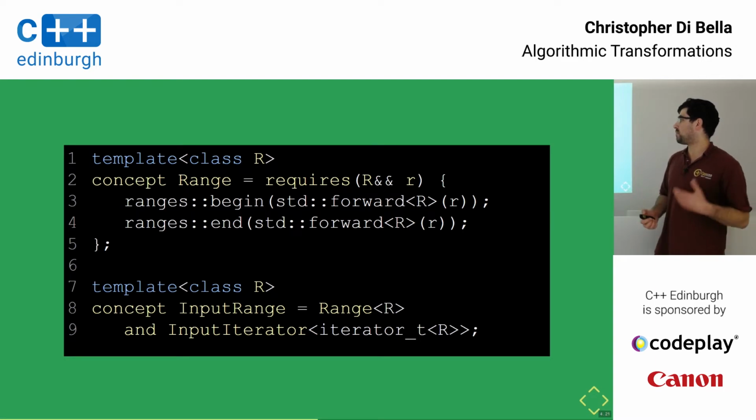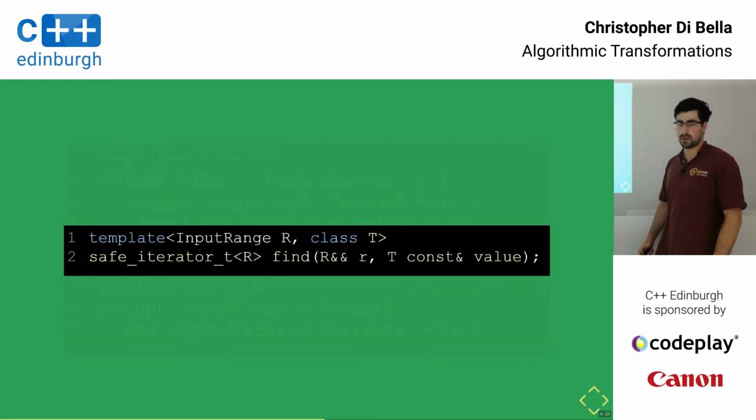And we have what's known as an input range if we have a range that has an iterator that is also an input iterator. Are there any questions here? All right. And this is what a slightly weakened version of find looks like when we have a range.